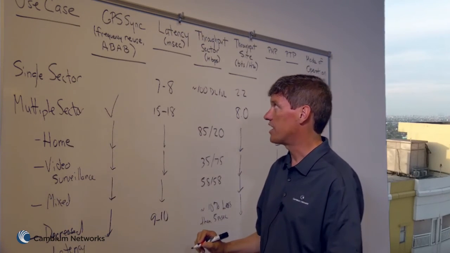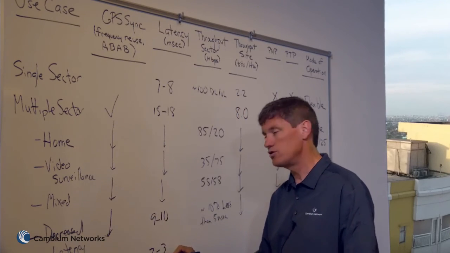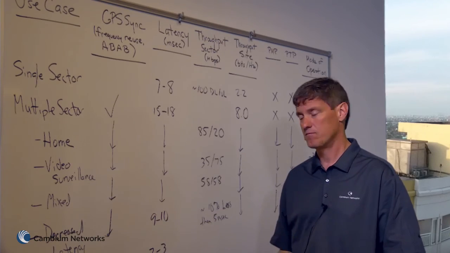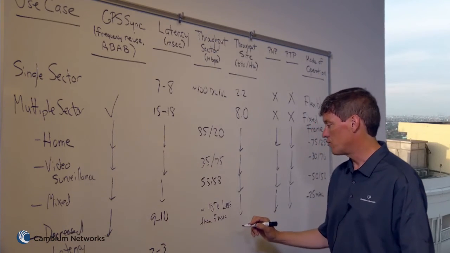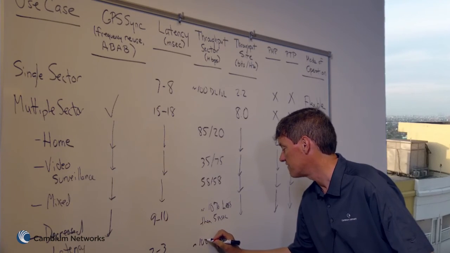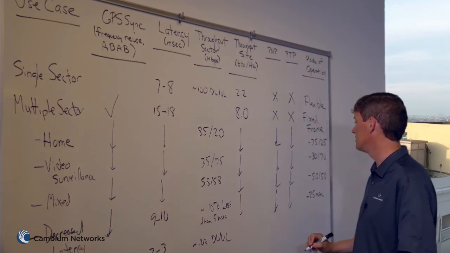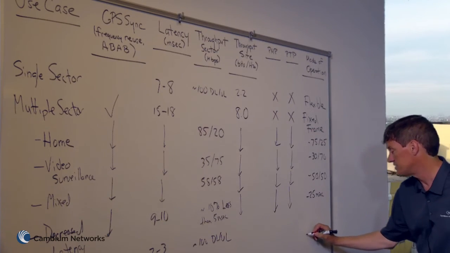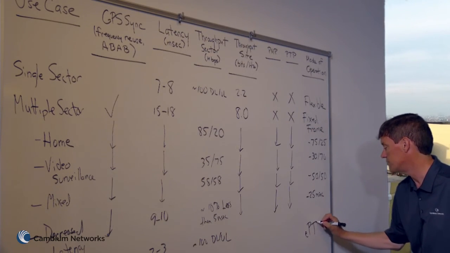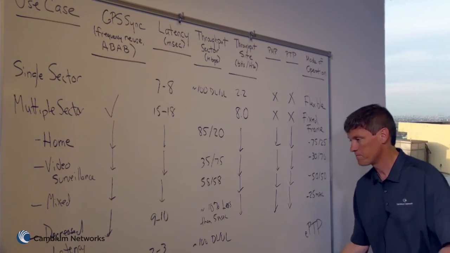And with this use case, we can get latencies down to 2 to 3 milliseconds. And your throughput is very high. Let's just say it's like we had in the flexible mode, approximately 100 in the downlink and the uplink. And this use case here we solve with ePTP. So there we are. Okay.